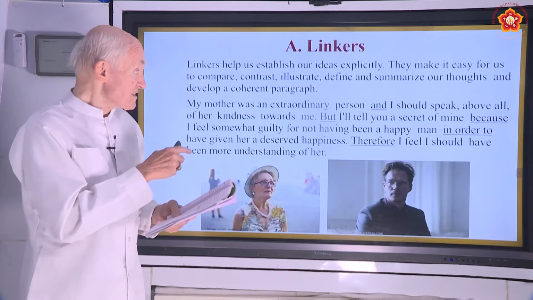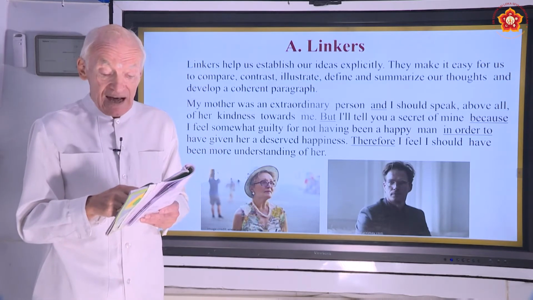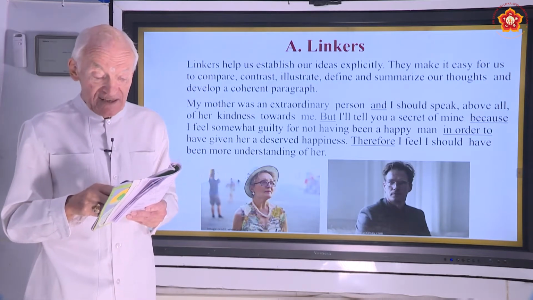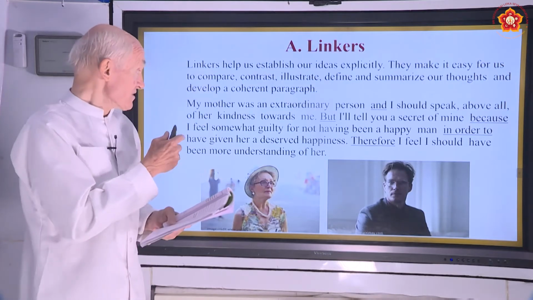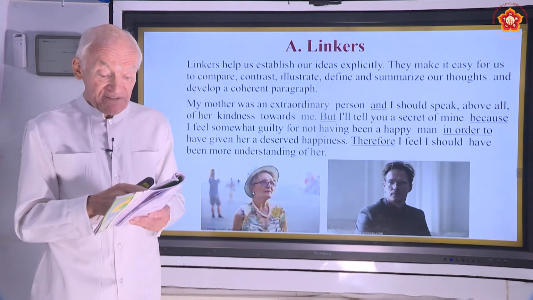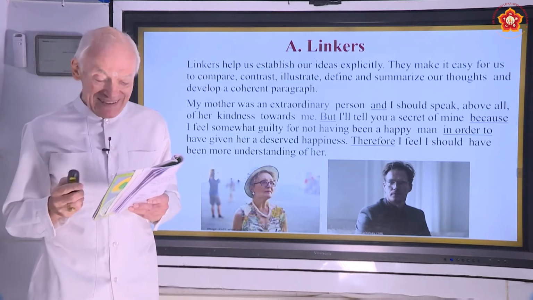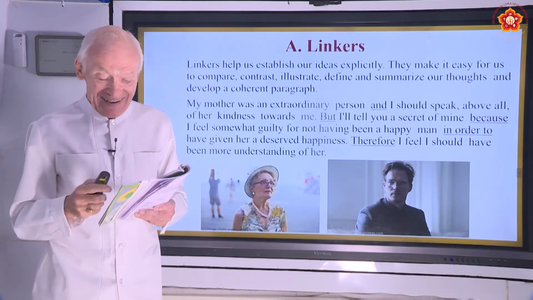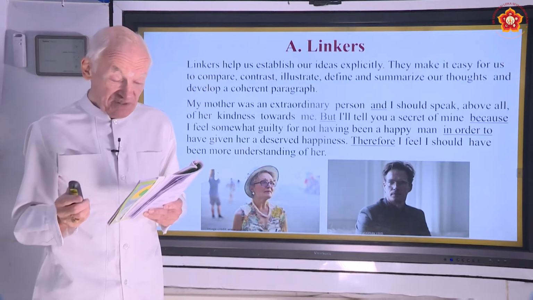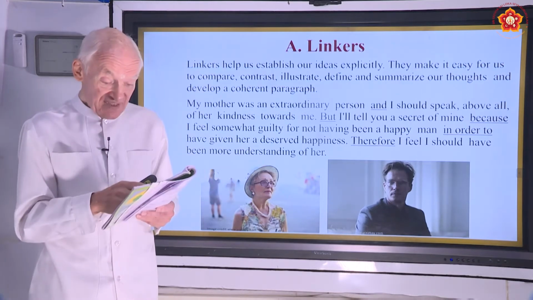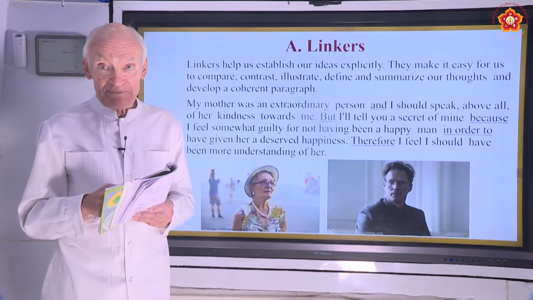"But," and you can see "but" is underlined here, "I'll tell you a secret of mine because," another underline, "because I feel somewhat guilty for not having been a happy man or a happy boy in order to," which is underlined, "to give her a deserved happiness."